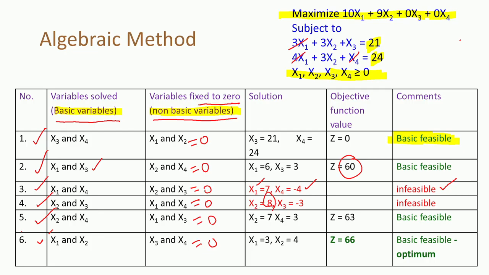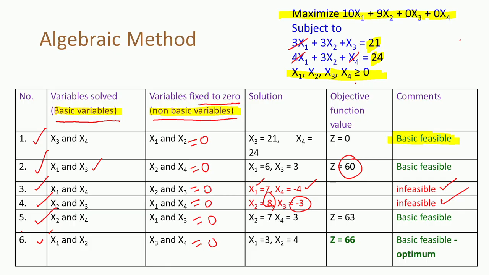Now, when we substitute x2 equal to 8 in the first equation, we get 24 plus x3 equal to 21, we get x3 equal to minus 3, and this solution is infeasible because it violates the non-negativity restriction.